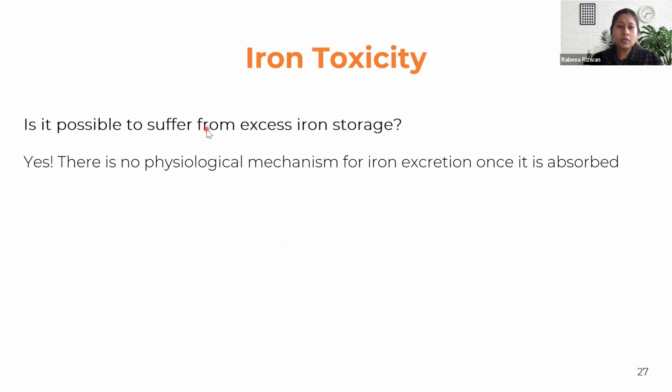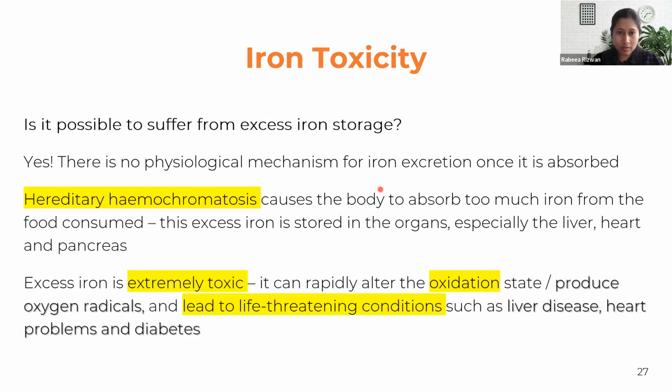Is it possible to suffer from excess iron storage? Yes, iron also has toxicity because I told you that its mechanism is not perfect. It can also absorb somewhat extra iron, but especially in some genetic cases.